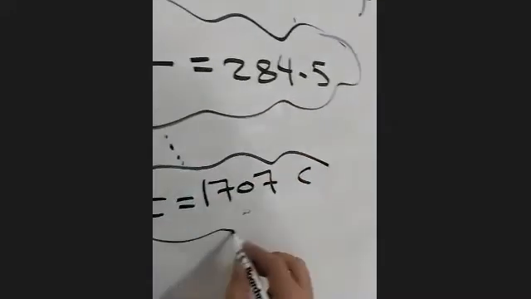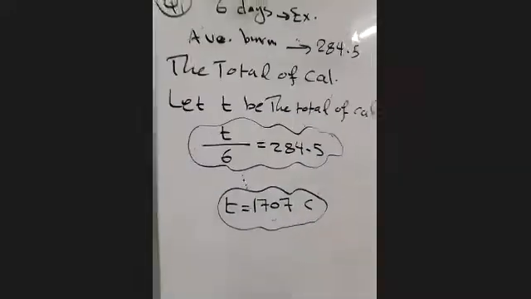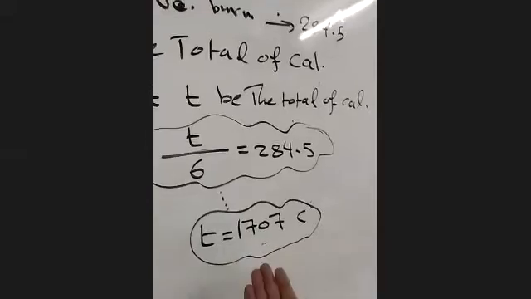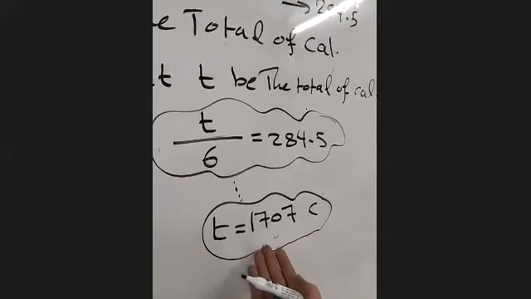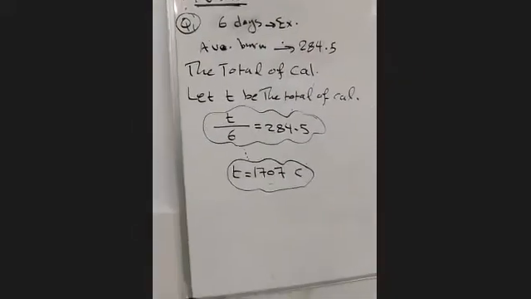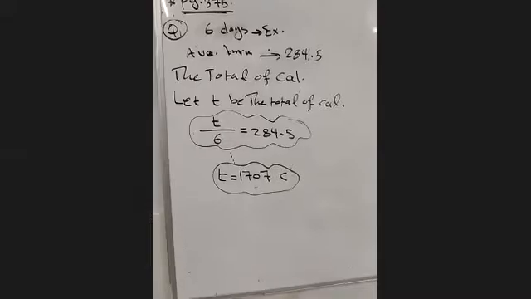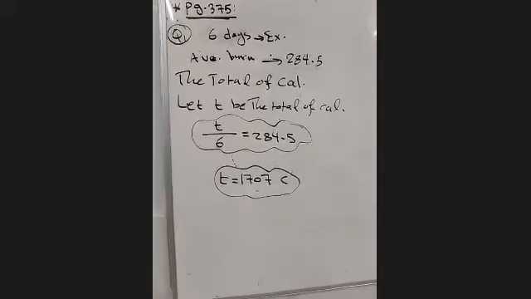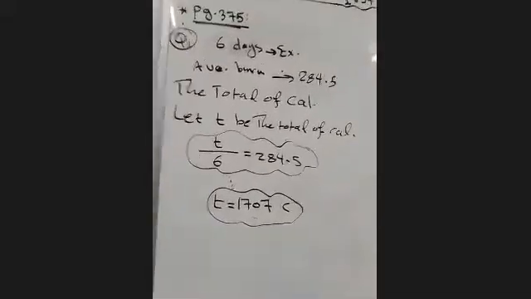This is the total. Got it? Do you know how we get this number? Yes, by multiplying both sides by 6, then simplifying to solve the equation normally, right, Abdul Rahman? Yes. This is question 1.